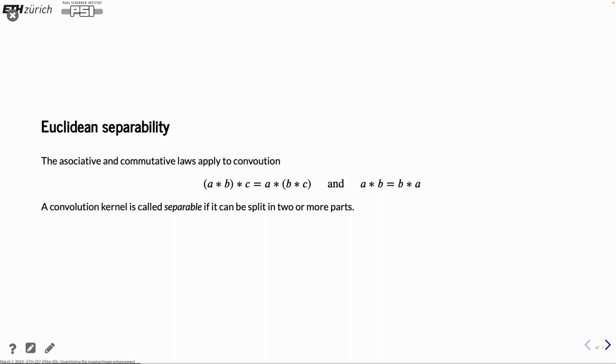An interesting mathematical feature is the so-called Euclidean separability, and we can use the associative and commutative laws to achieve this.